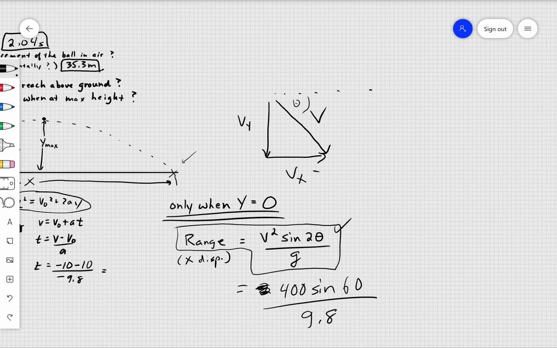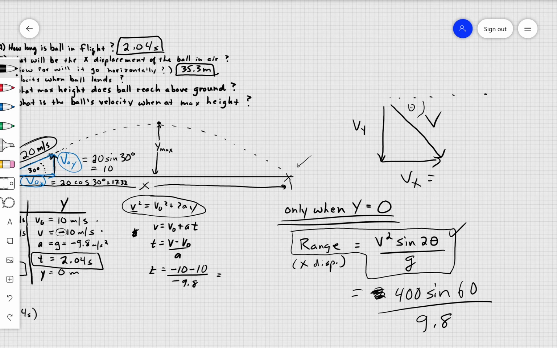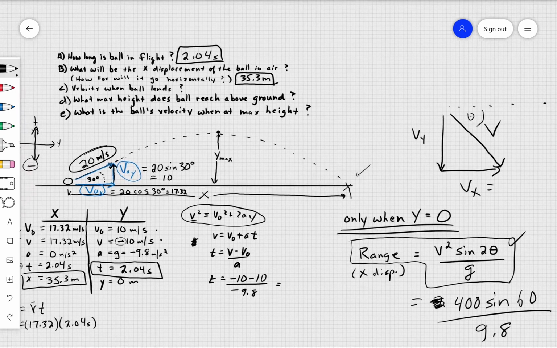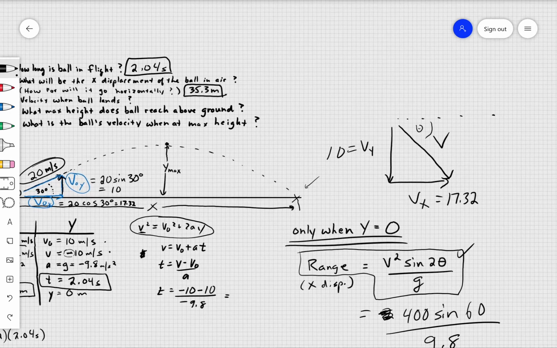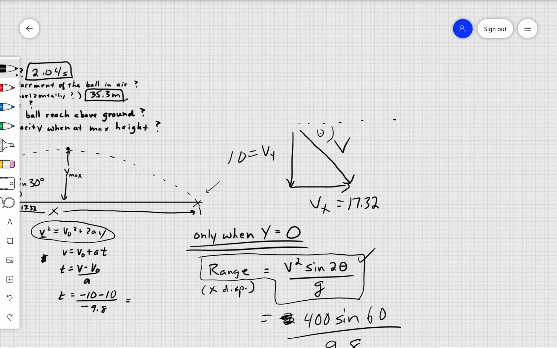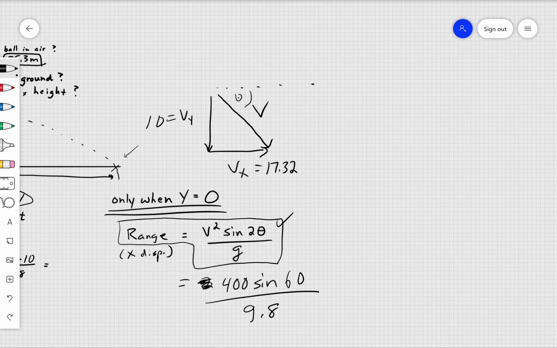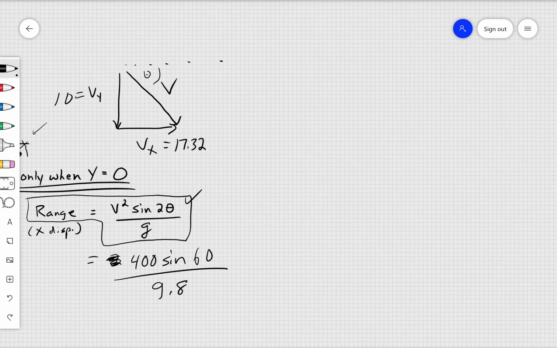So that final x velocity, since the x velocity did not change, is 17.32. And the final y velocity, we already know, has a magnitude of 10. So Pythagorean theorem, we'll get the magnitude of this velocity at impact.